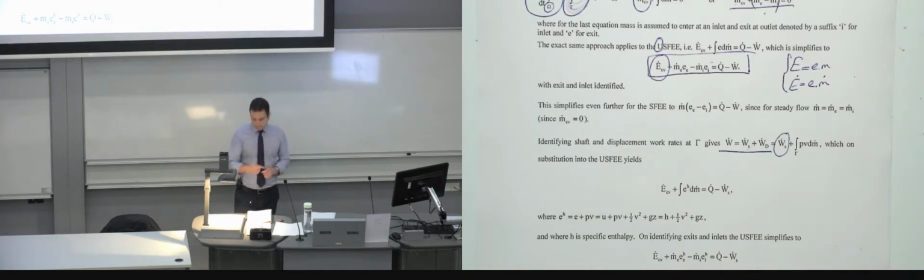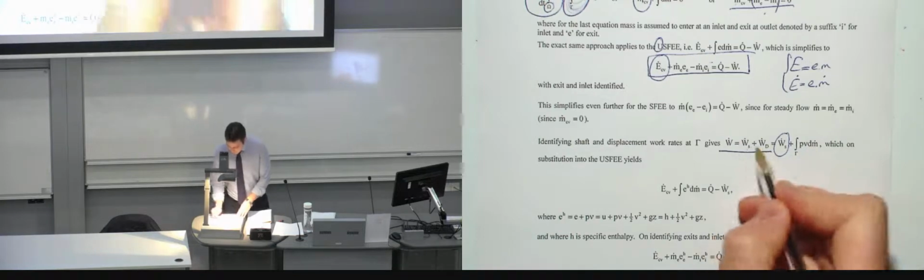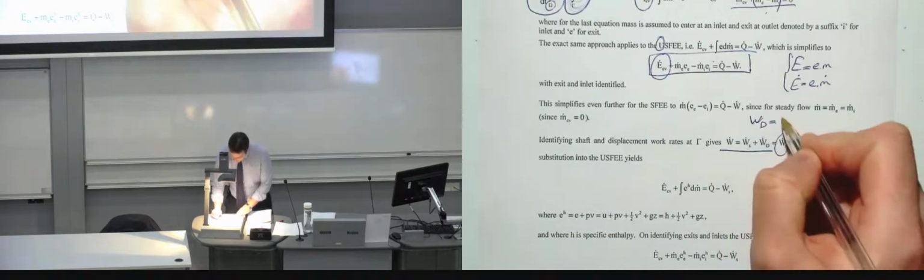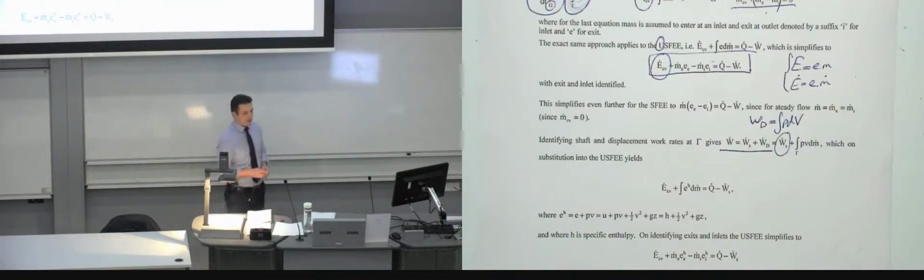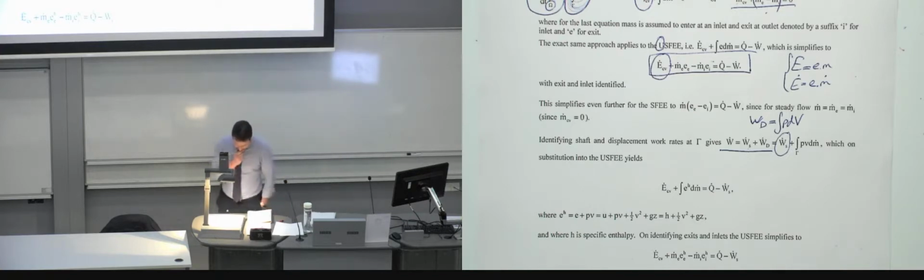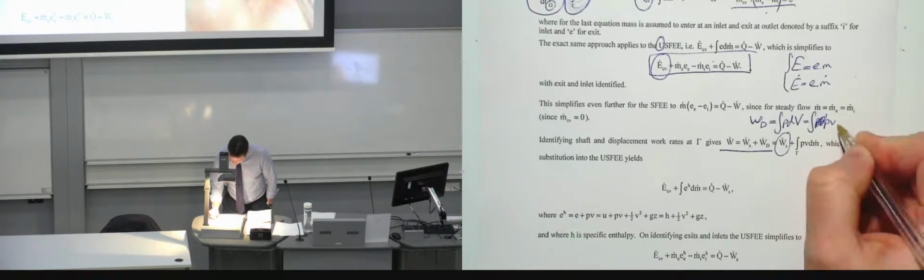And that is by using the fact that W_D, and that is capital W_D, we define as PdV. Remember that? That was one of the main equations that we had in chapter 3, I think. And I could actually write this as P v dm.